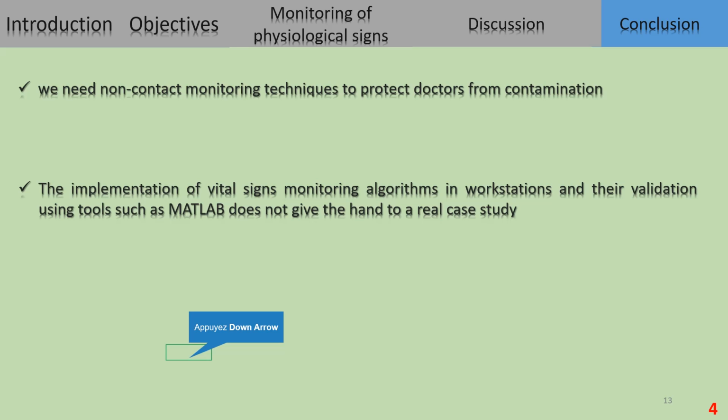Monitoring of vital signs such as heart rate and respiratory rate as well as temperature is a very important step for good diagnosis of patients. In this period, with the COVID-19 pandemic, we need non-contact monitoring techniques to protect doctors from contamination.